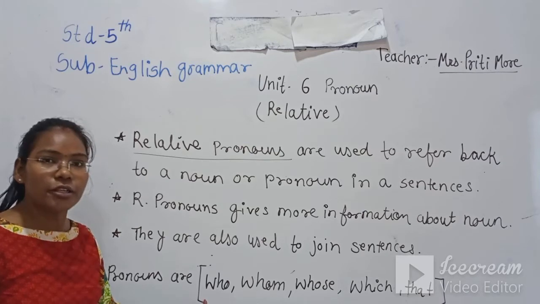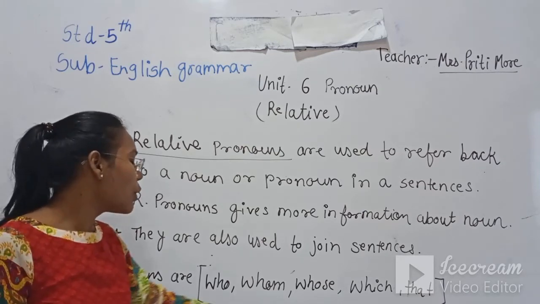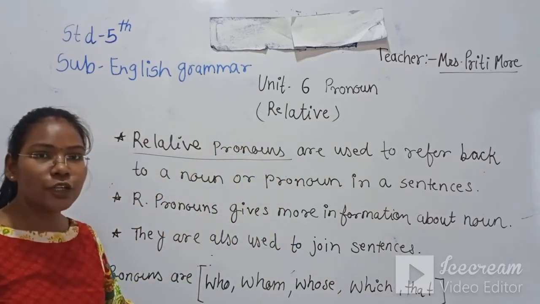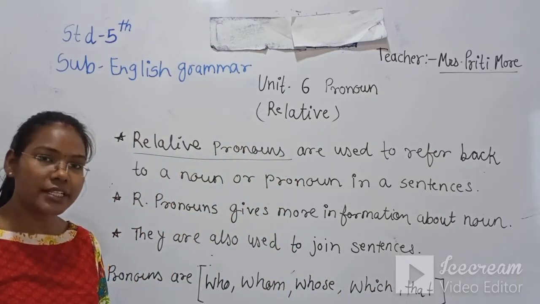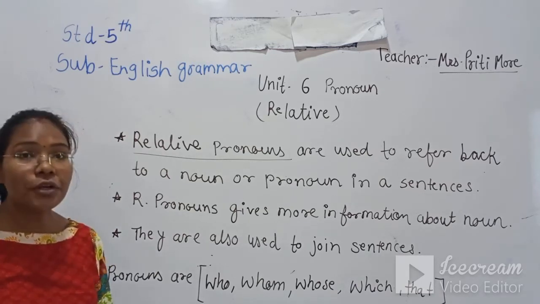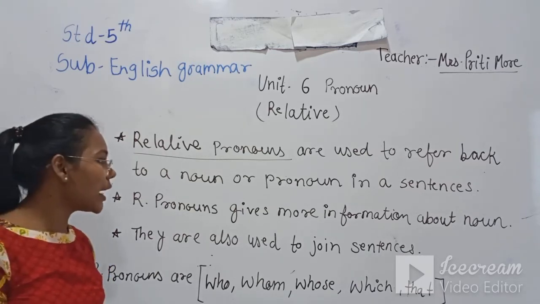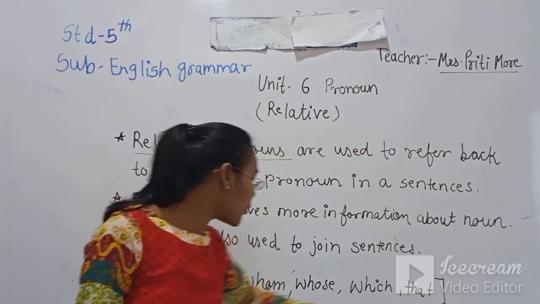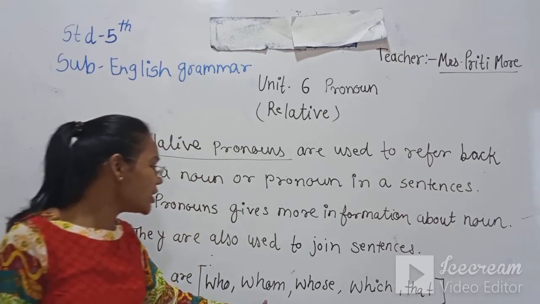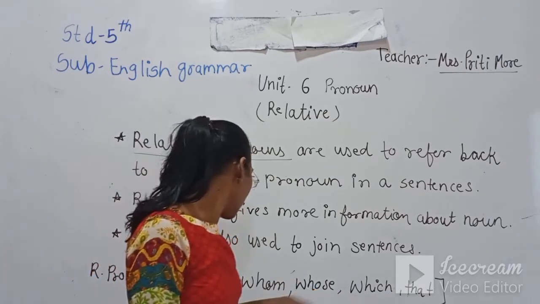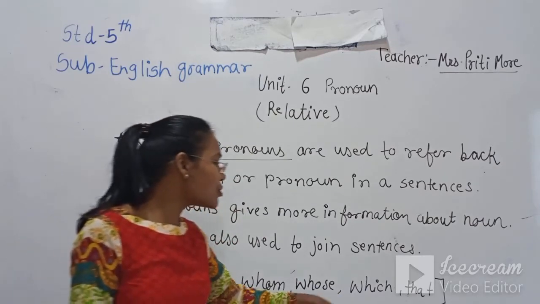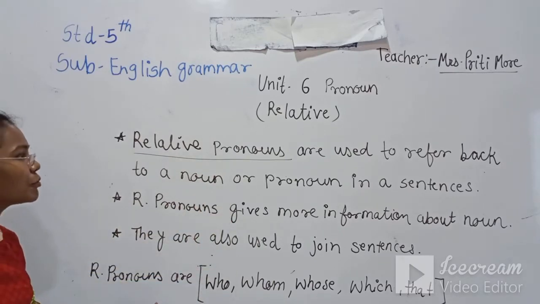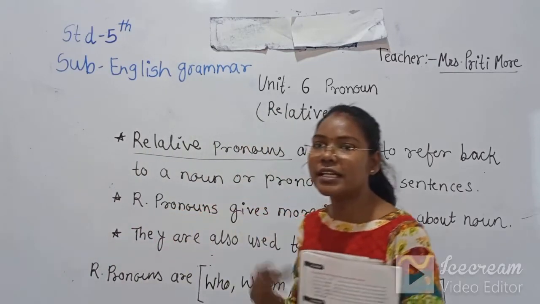So what kind of relative pronouns are there? Who, whom, whose, which and that. These are the relative pronouns which we can use to join the sentence and to get more information about the noun and pronoun. So these are some relative pronouns: who, whose, which and that. Please note down all this in your notebook so you can get what is the relative pronoun.